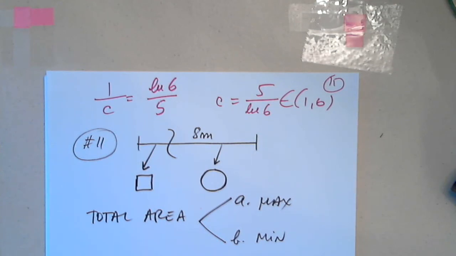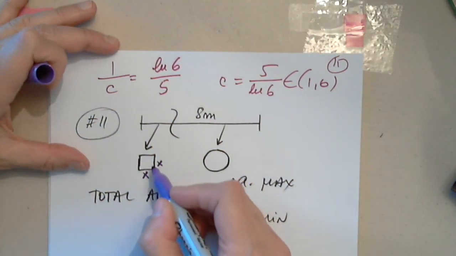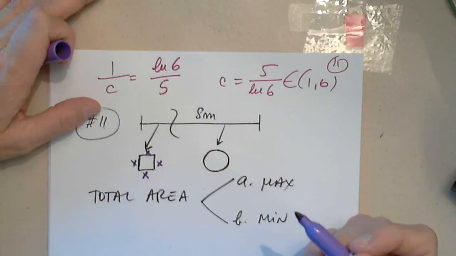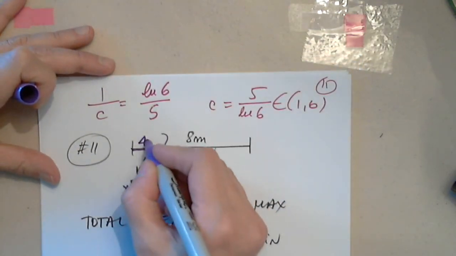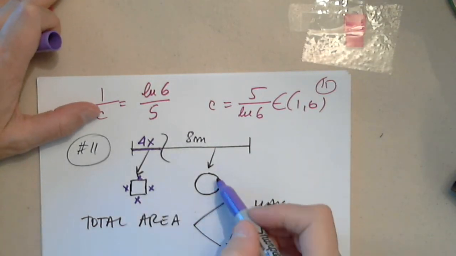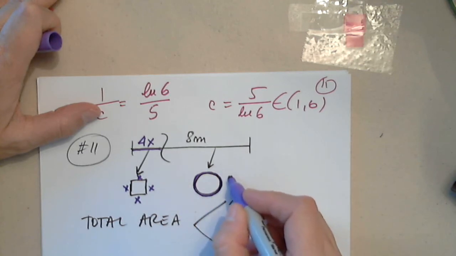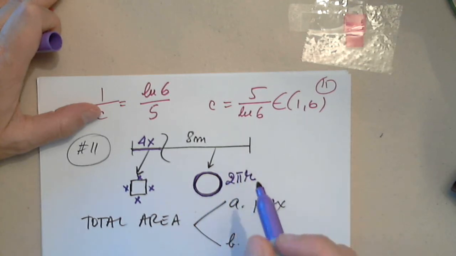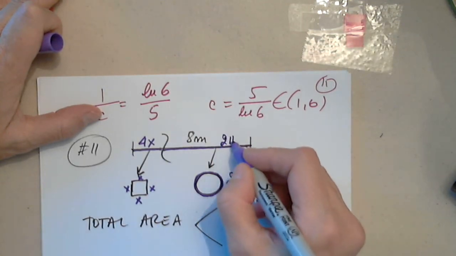Okay, so I'm going to denote this by x, x, x, x, and obviously this piece must be 4x. The circumference of the circle is 2 pi r.